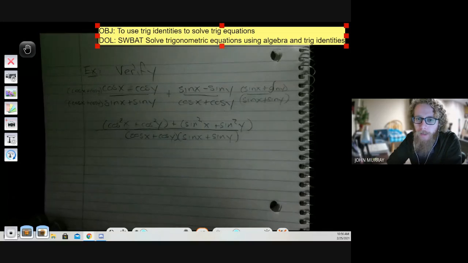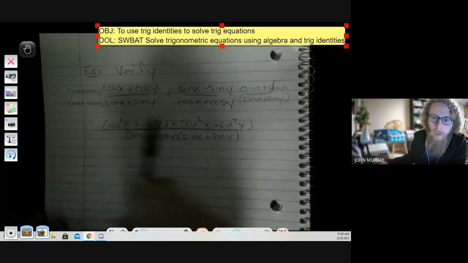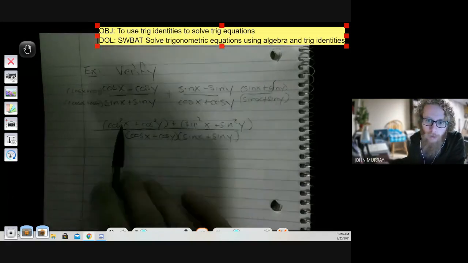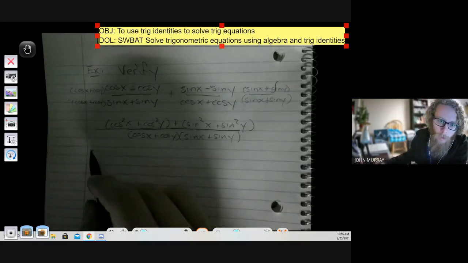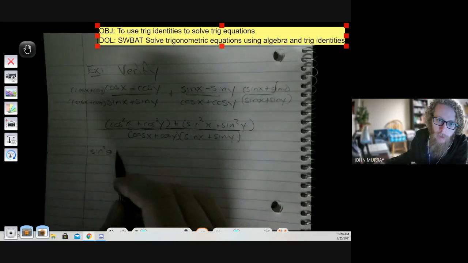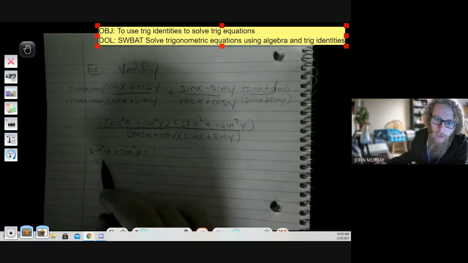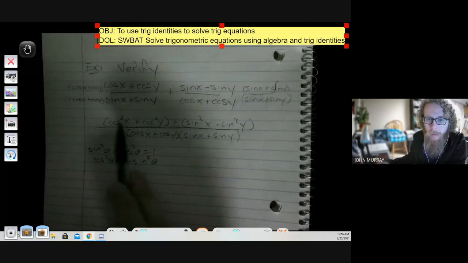So what can we do next? With either of these, we can use the Pythagorean theorem. But I don't want to change everything because then I'd be dealing with sines and cosines again. So I'm just going to change one of these. Let's do the cosines. Because sine squared plus cosine squared equals 1, cosine squared equals 1 minus sine squared.